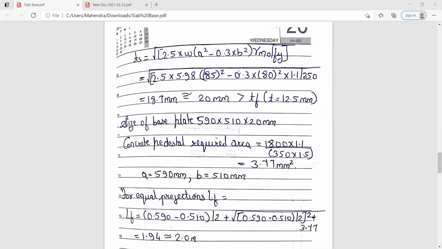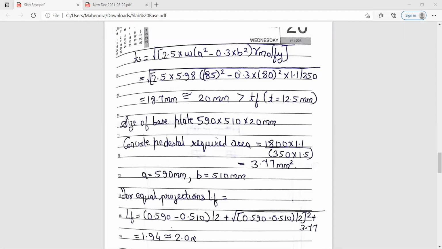That is greater than the thickness of the flange. What was the thickness of the flange? It is 12.5. The value that you got is greater than that, so your design is safe. So the size of the base plate is 590 by 510 into 20 mm.